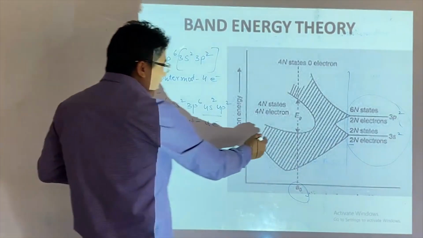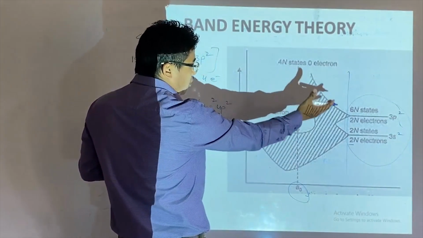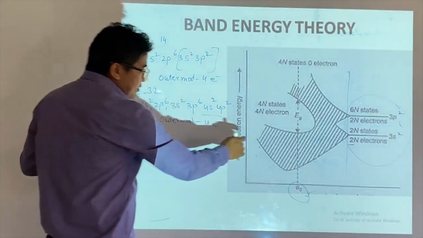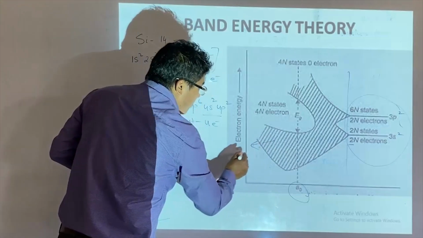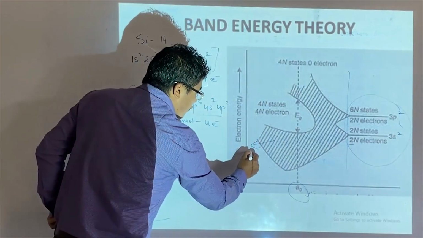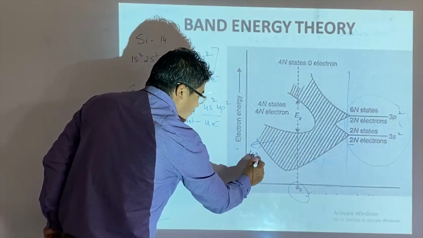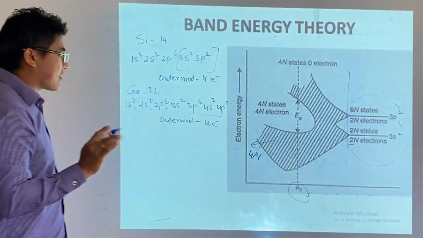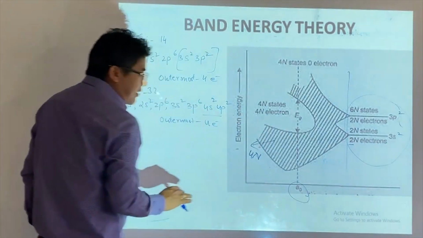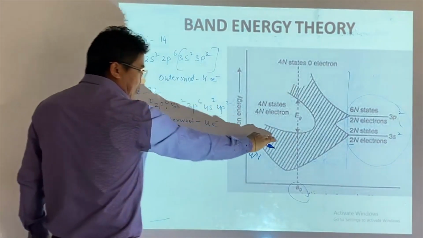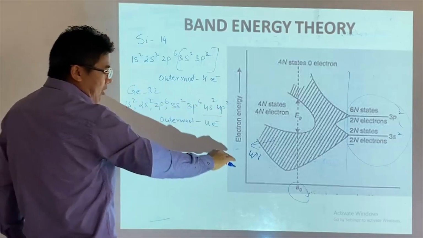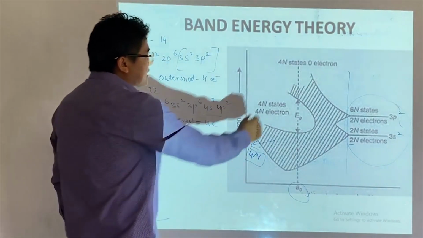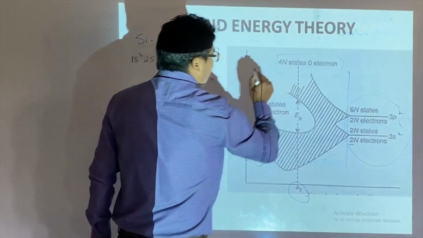This valence band is completely filled. Why? Because it has only 4 electrons per atom, and this energy band accommodates 4 electrons per atom. N stands for the number of silicon atoms, right? So if I have N silicon atoms, this energy band accommodates 4N electrons, and it also has 4N states.